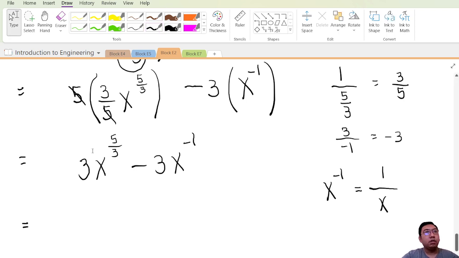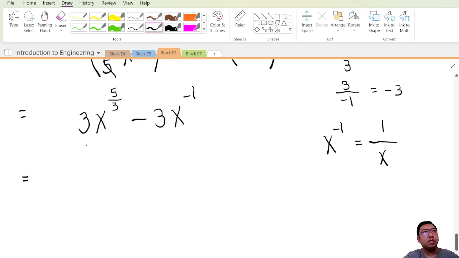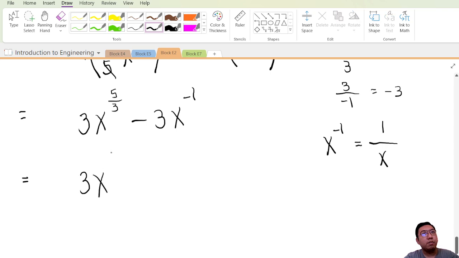So you solve it, it becomes 3x to the power of 5/3 minus 3 times 1 over x, or basically, you can write it as 3 over x. There. Now you're done doing the indefinite integration.